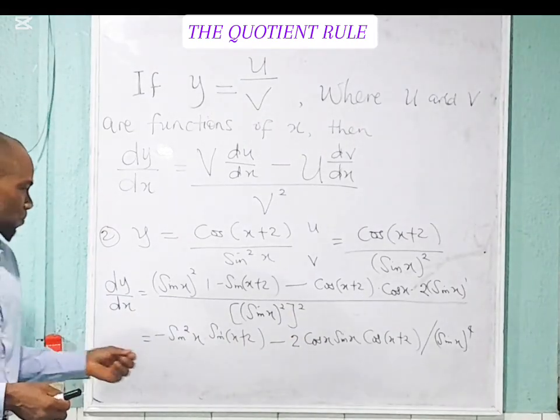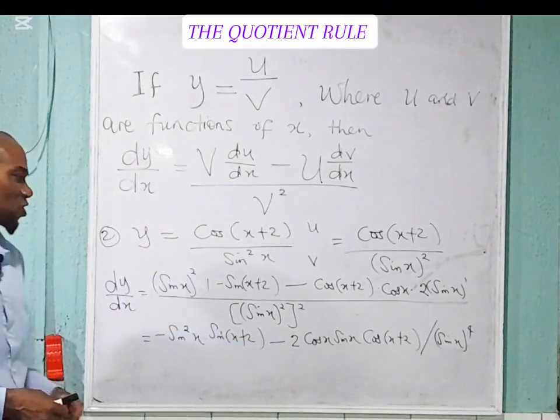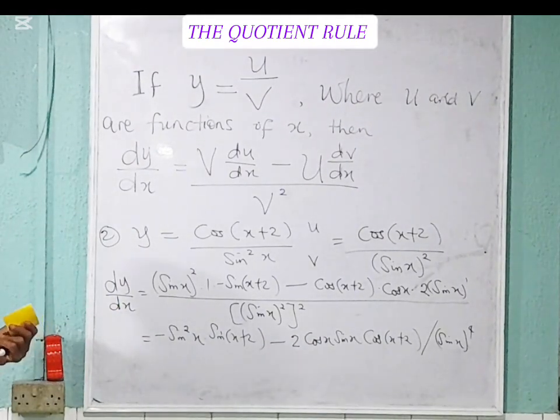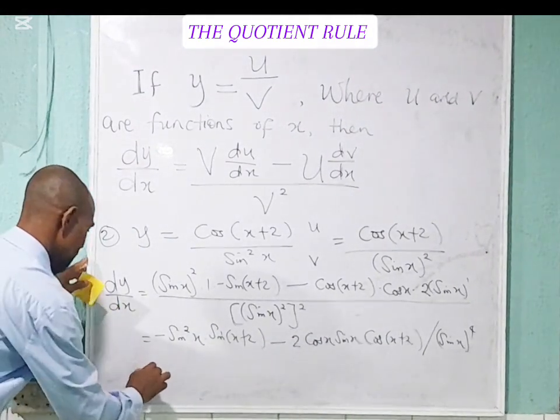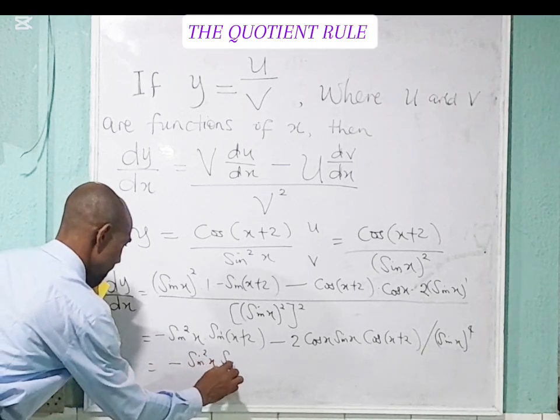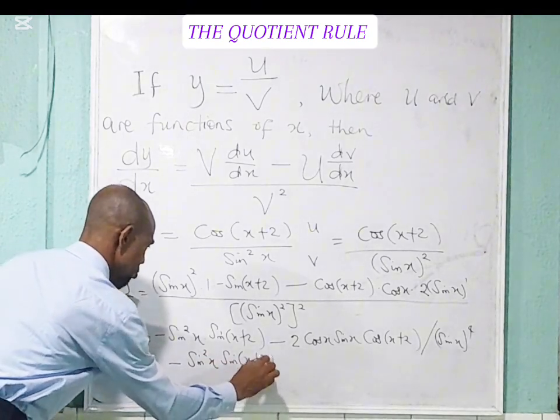Now there's something important here, actually under trigonometry. 2 sine x cos x is actually sine 2x. Hence, we can see finally that we have minus sine squared x, sine x plus 2.